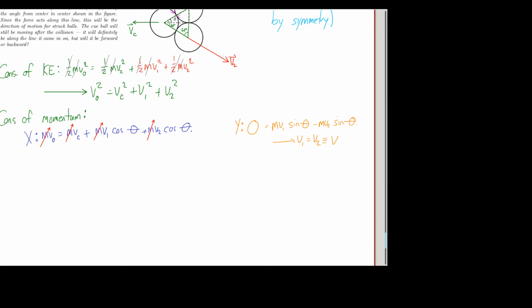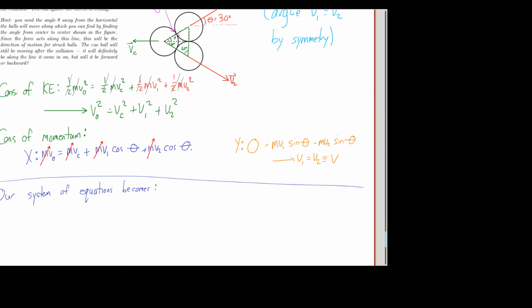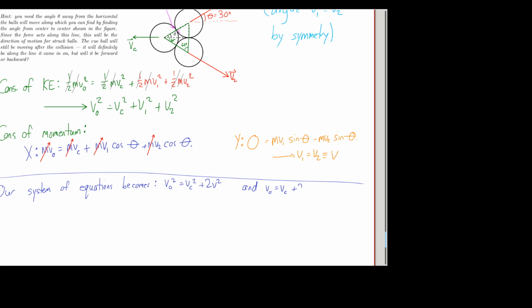So now we've got some algebra to do. Our system of equations becomes, for energy, v naught squared equals vc squared plus 2v squared. And for momentum, v naught equals vc plus 2v cosine theta.